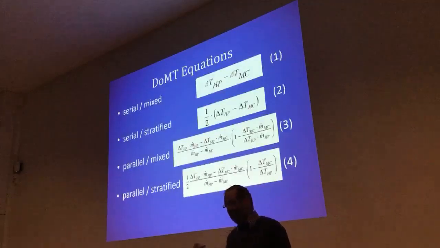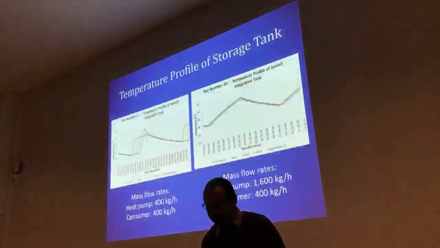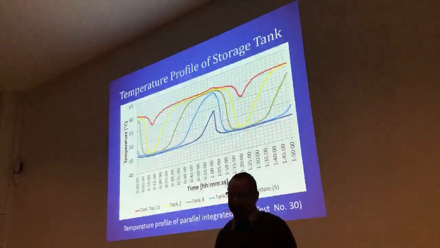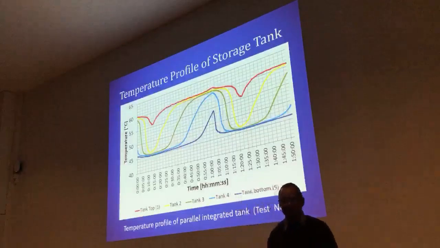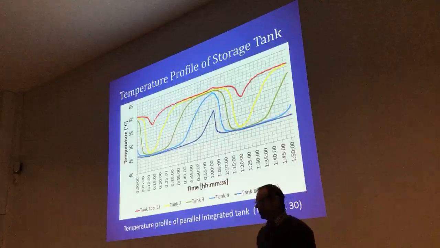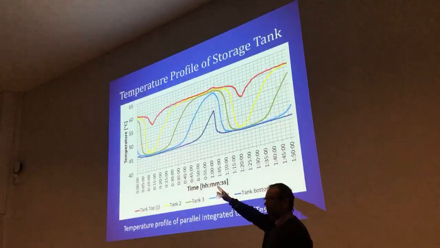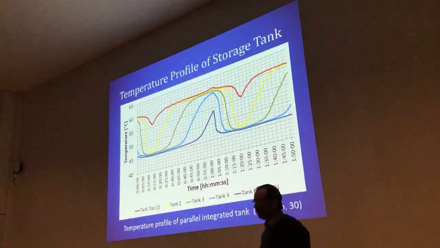To know what's happening in the tank, we look at our temperature profile. Here is a temperature profile for parallel tank integration. The different colors indicate the temperature at a given location over time. The red line is at the very top and the dark blue line is at the very bottom.